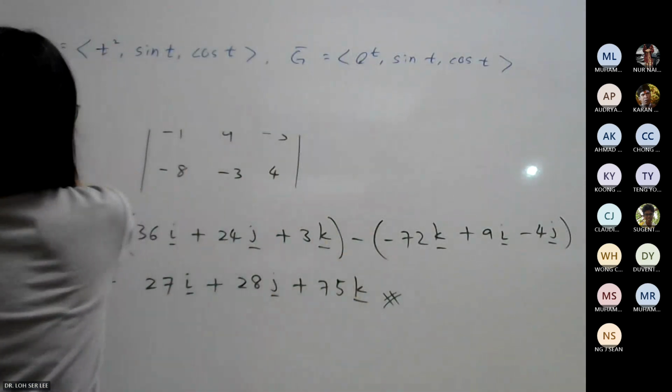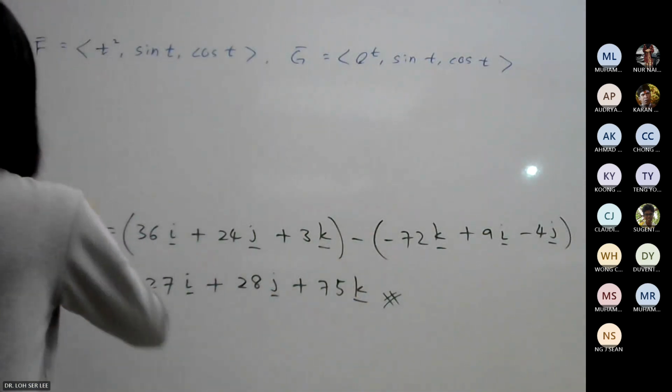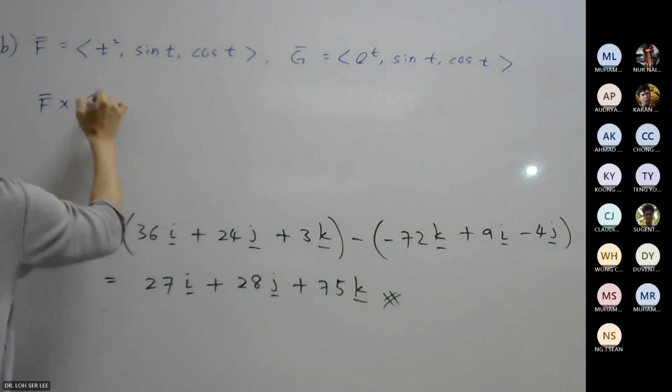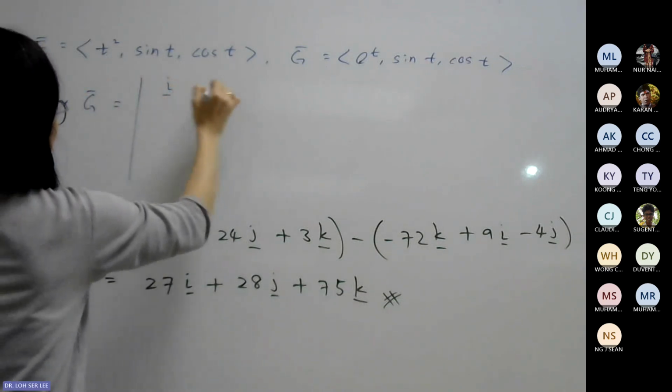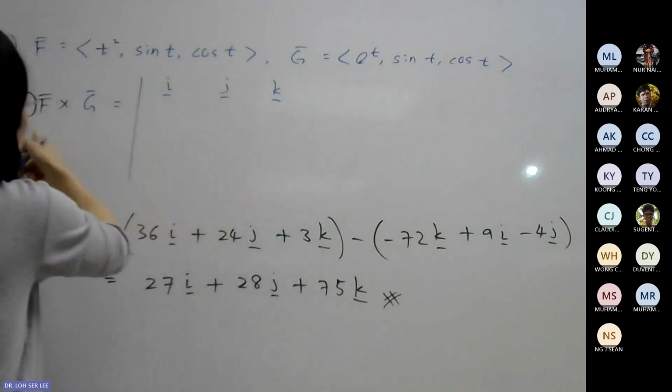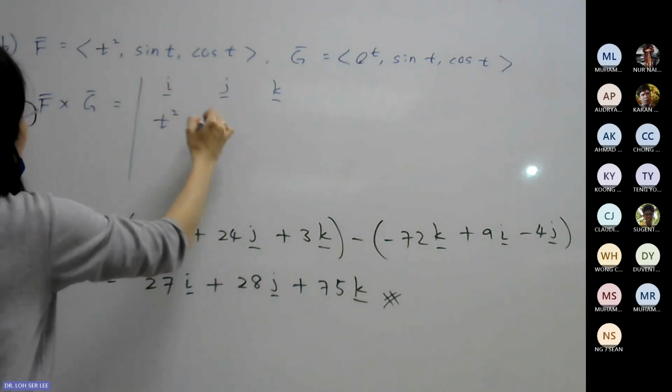Okay. Cross product will be I, J, K. F first. F first.